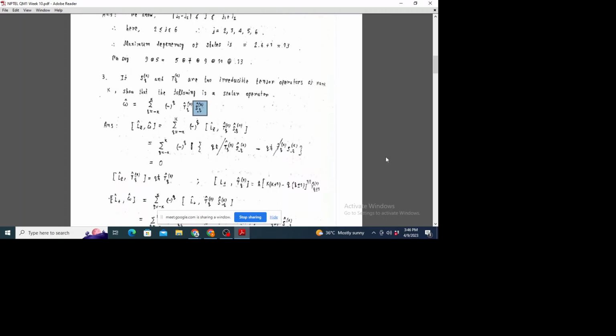The alternate definition for a tensor operator is this. If T_kq is a tensor operator of rank k, then this is the definition: the commutator between Lz and T_kq is q h-bar T_kq.